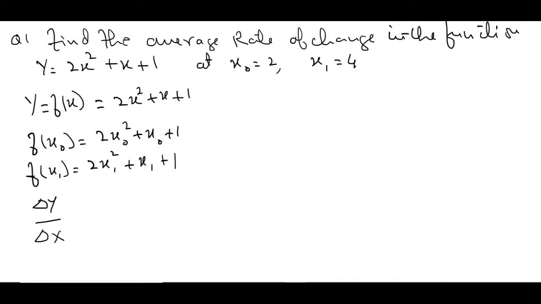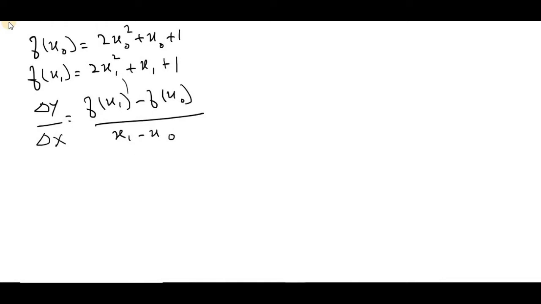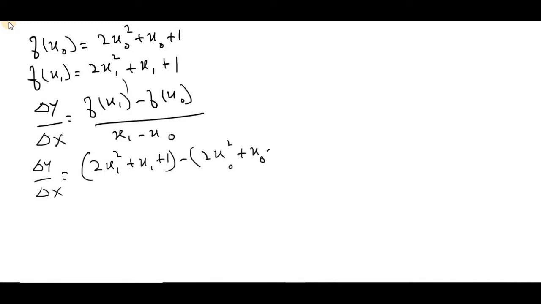Delta y by delta x is equal to f of x1 minus f of x0 whole divided by x1 minus x0. Now delta y by delta x is equal to 2x1 square plus x1 plus 1 minus 2x0 square plus x0 plus 1 whole divided by x1 minus x0.